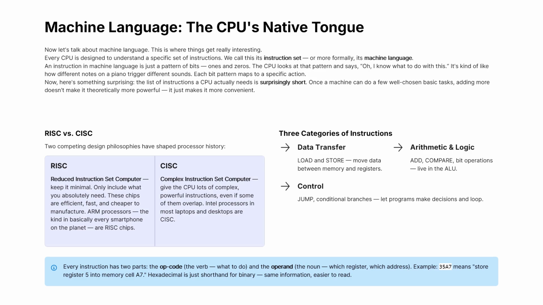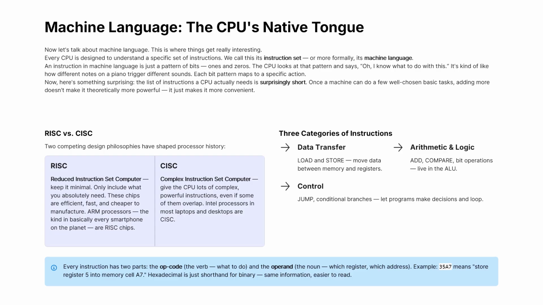One school of thought says, keep it minimal. Only include what you absolutely need. This is called RISC, Reduced Instruction Set Computer. These chips are efficient, fast, and cheaper to manufacture. ARM processors, the kind in basically every smartphone on the planet, are RISC chips.